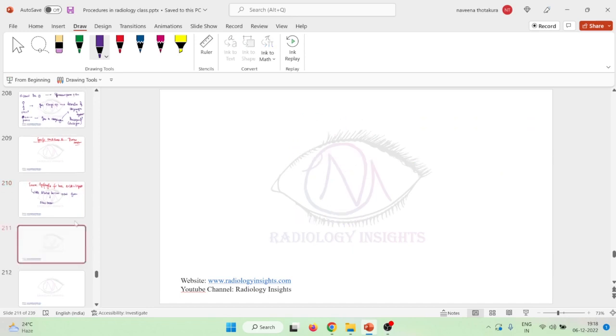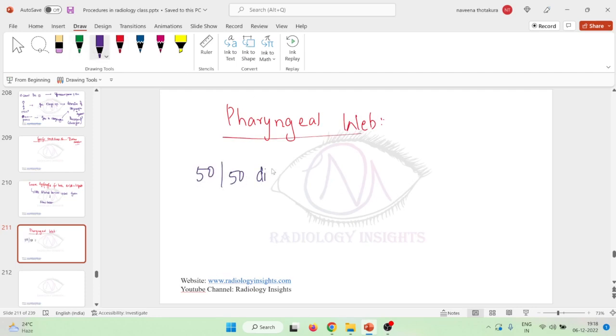Then second, if the patient has a pharyngeal web, because there is a web, a 50/50 dilution of standard high density barium is preferred.